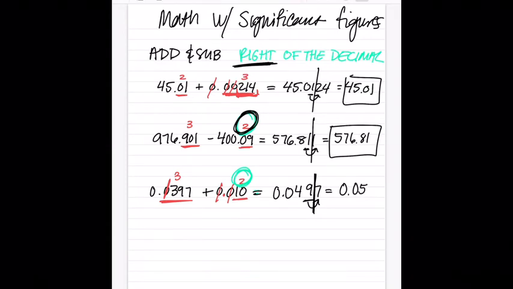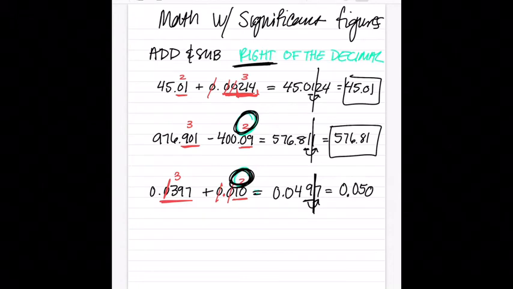This is where some of you would probably leave it. Now, remember, I'm supposed to have 2 numbers that are significant. Well, these zeros to the left of that 5 don't count. So as of right now, my answer is only 1 significant figure. But if I put a 0 out here, then I have 2 numbers that are significant in my answer. Okay, so that's how you do addition and subtraction.